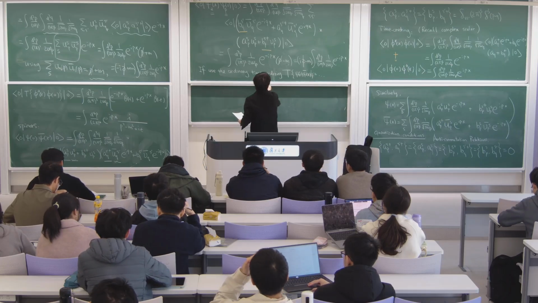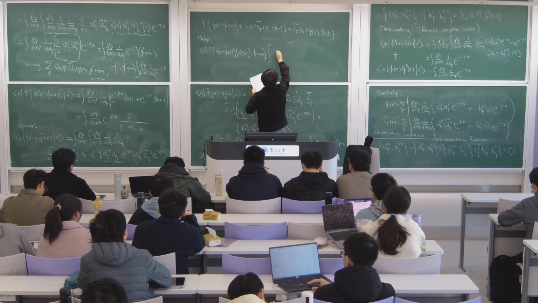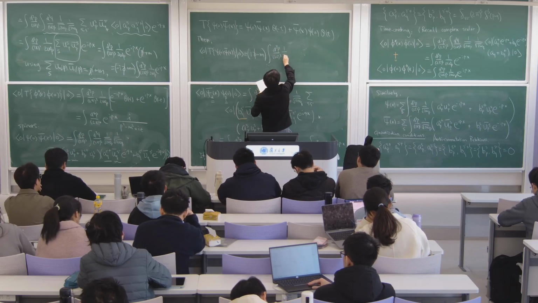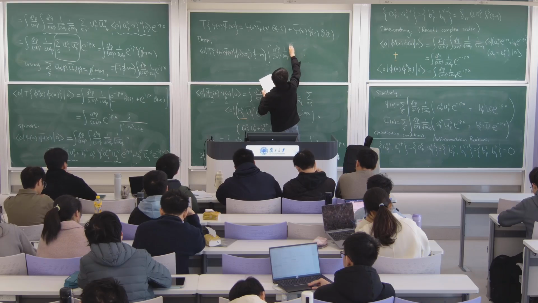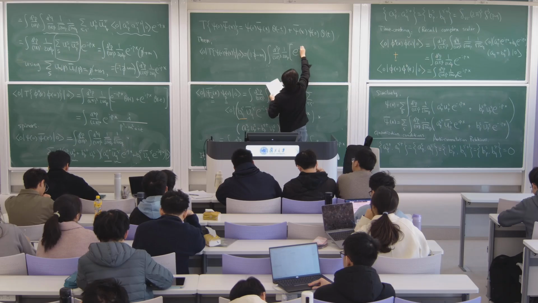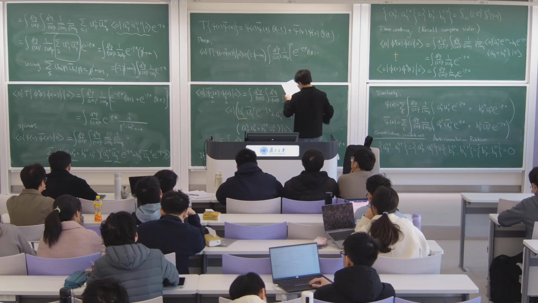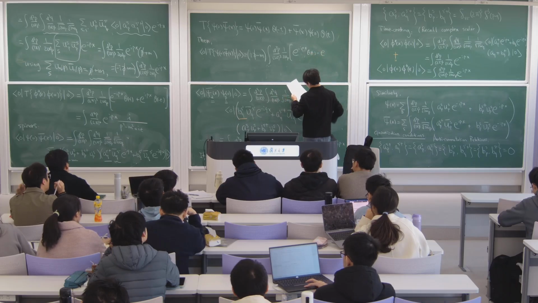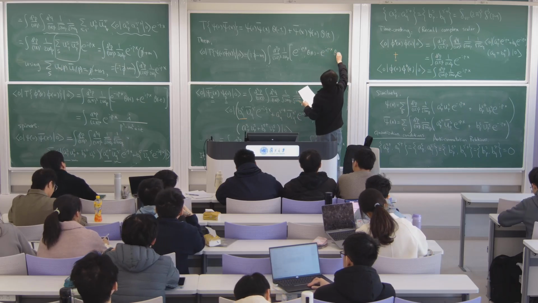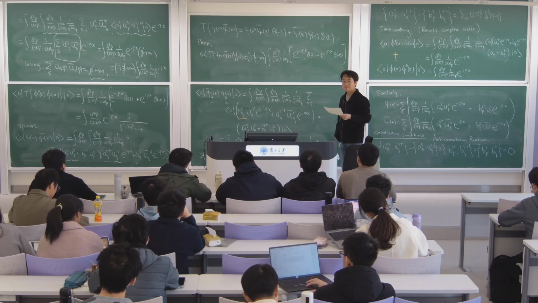Then the remaining part is of course the key integral, with e^{-ipx} theta(t) minus e^{ipx} times theta(minus t).